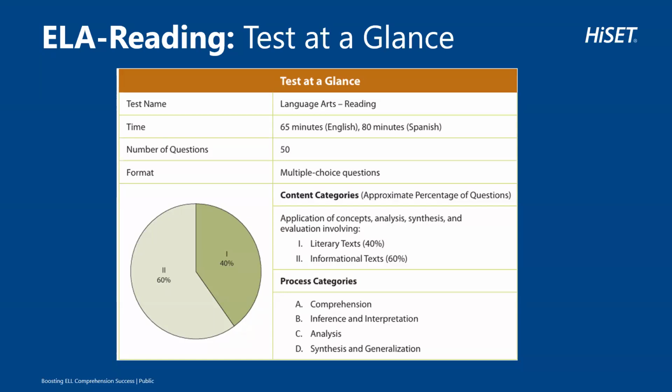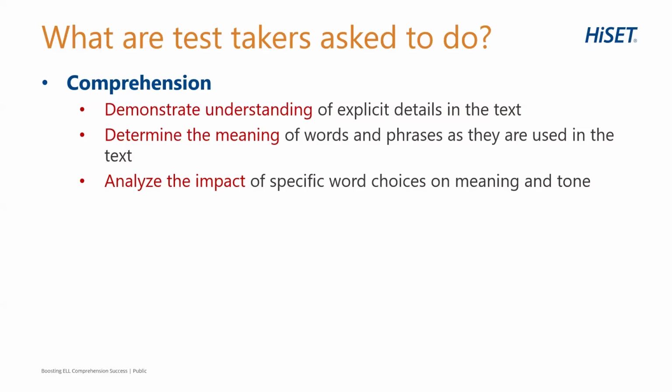I do want to call out that these are highly related to the standards we are using. If you look at our test at a glance, you will see all of the standards, and you can see how the cognitive demand is developed throughout them. As Heidi said, we have the verbs for what they're doing.